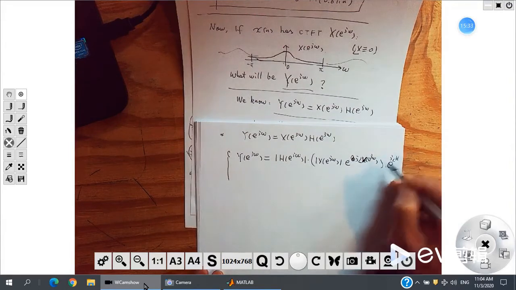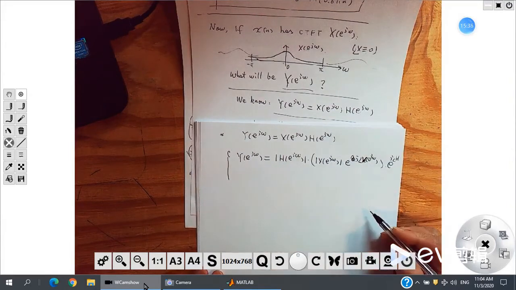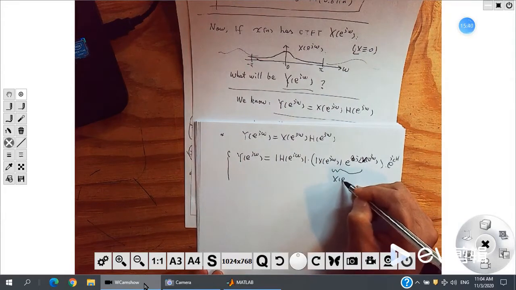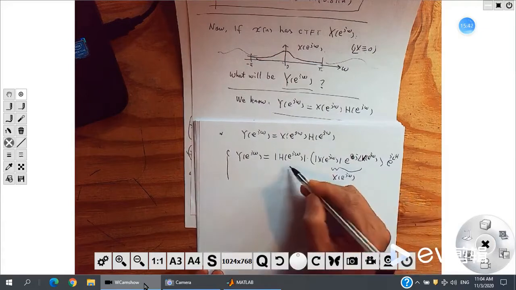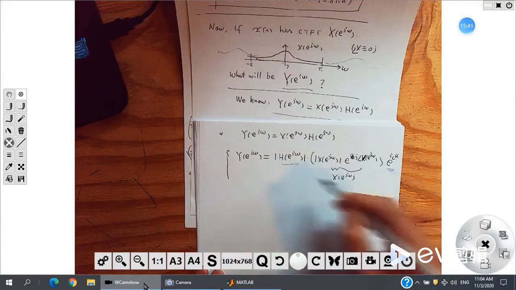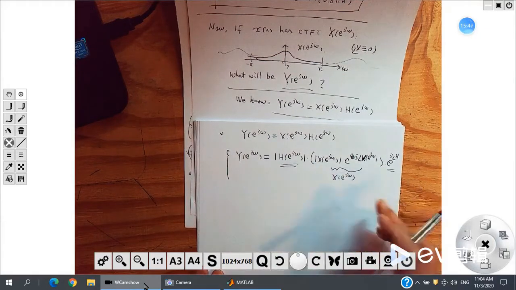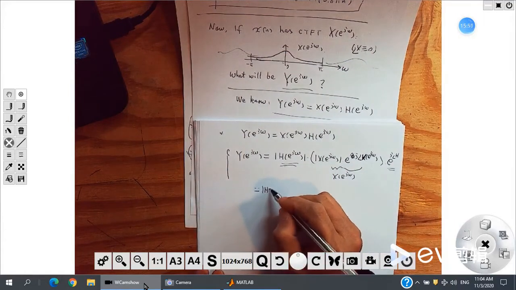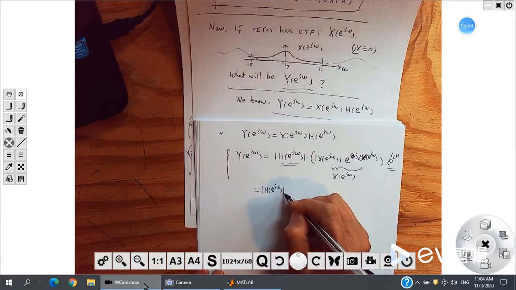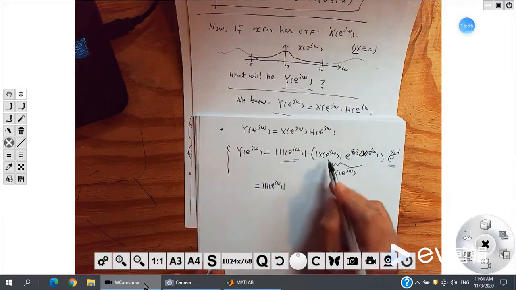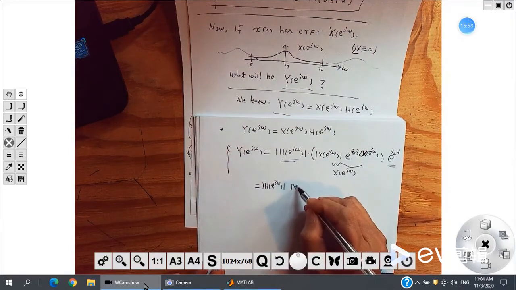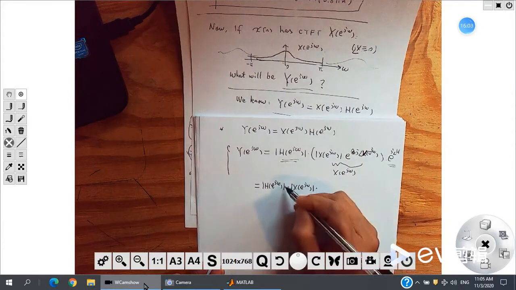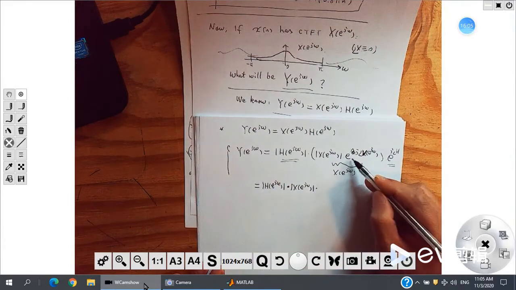Just right after H you should have this part, right? This part is just X, and these two give H, so H times X. Now I keep this H, and X, I also keep this X. Then I put this exponential power.